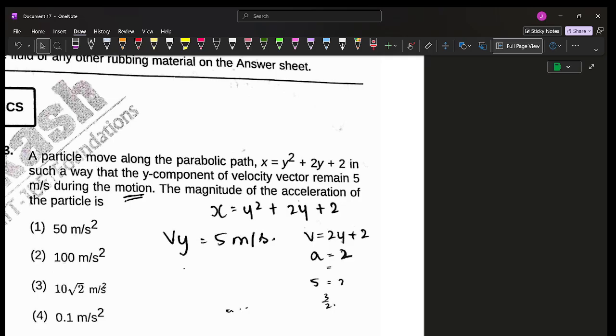It's so confusing because I've been given x is equal to y square. If I differentiate that also, I don't know, man. How do I actually do it?